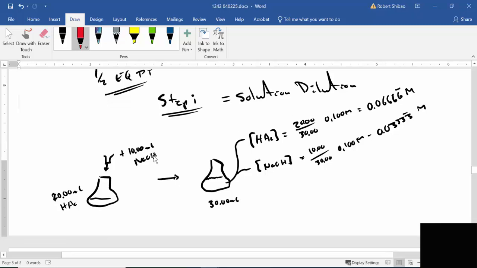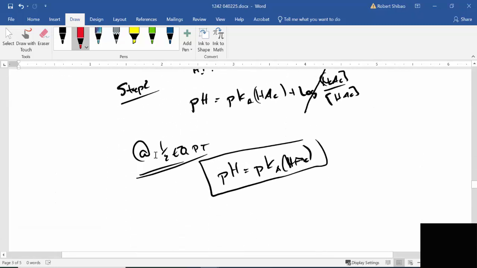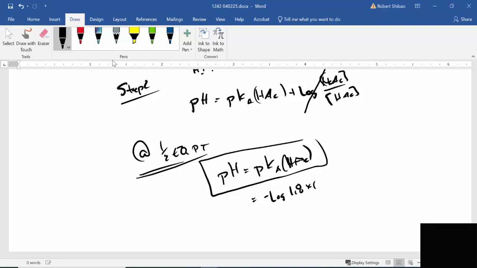All right, the pH at the half equivalence point, let's go ahead and finish that, is going to be equal to the pKa of acetic acid. Now the pKa of acetic acid is going to be the negative log of the Ka. The Ka for acetic acid is 1.8 times 10 to the minus 5. And so let's go ahead and take the negative log of 1.8 times 10 to the minus 5. It gives me 4.744.